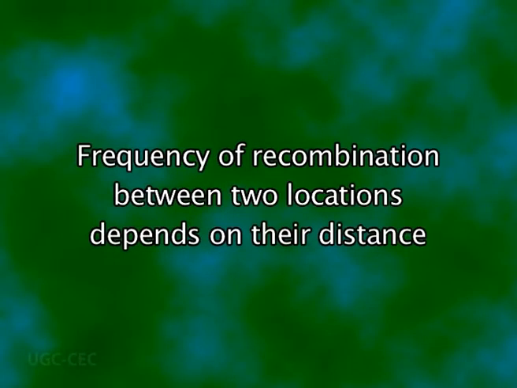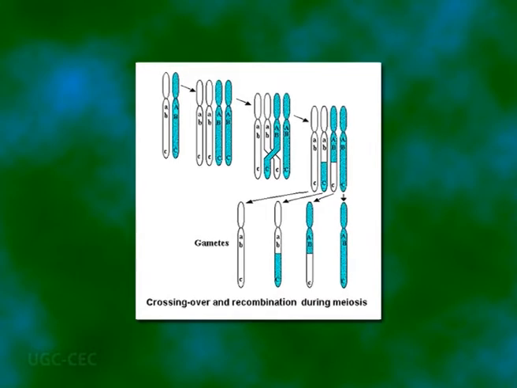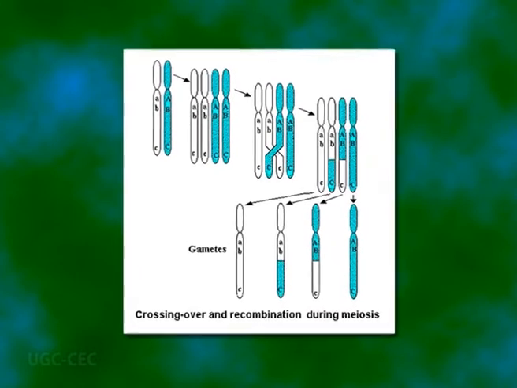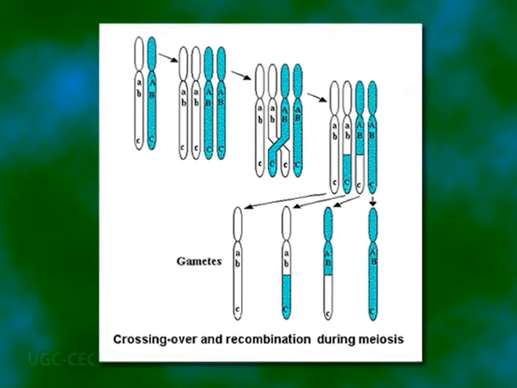Because recombination can occur with small probability at any location along chromosome, the frequency of recombination between 2 locations depends on their distance. Therefore, for genes sufficiently distant on the same chromosome, the amount of crossing over is high enough to destroy the correlation between alleles.